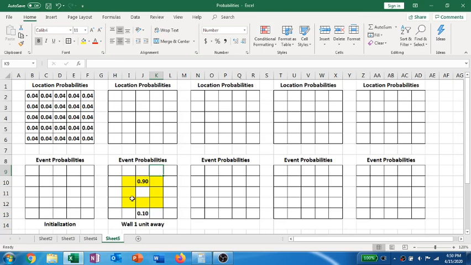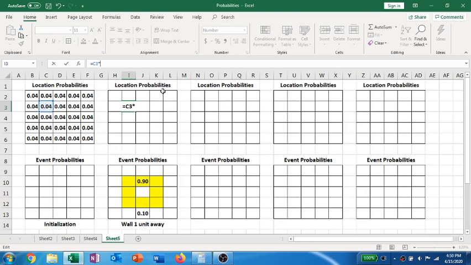So let's now scale the way we understand where we might be here. The first thing we need to do is sum up this zone for our positive space to get my denominator. So my denominator is 0.32. That's what I'm going to divide everything by. So now I'm going to go equals the previous probability of that location times the probability of the event.